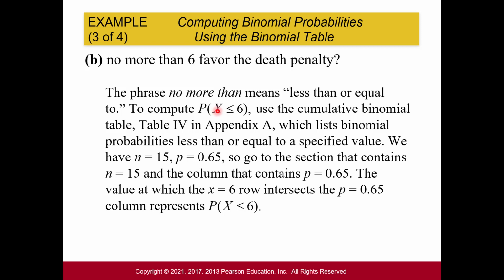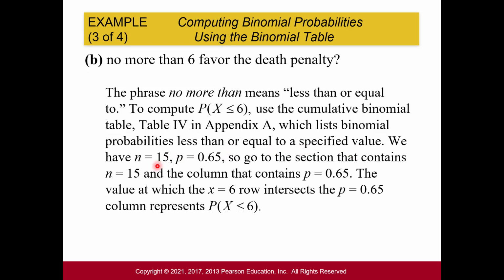So instead of computing probability of 0, probability of 1, probability of 2, all the way up to 6, we have a table that already has that computed for us for the cumulative binomial probabilities. This lists binomial probabilities less than or equal to specified values.